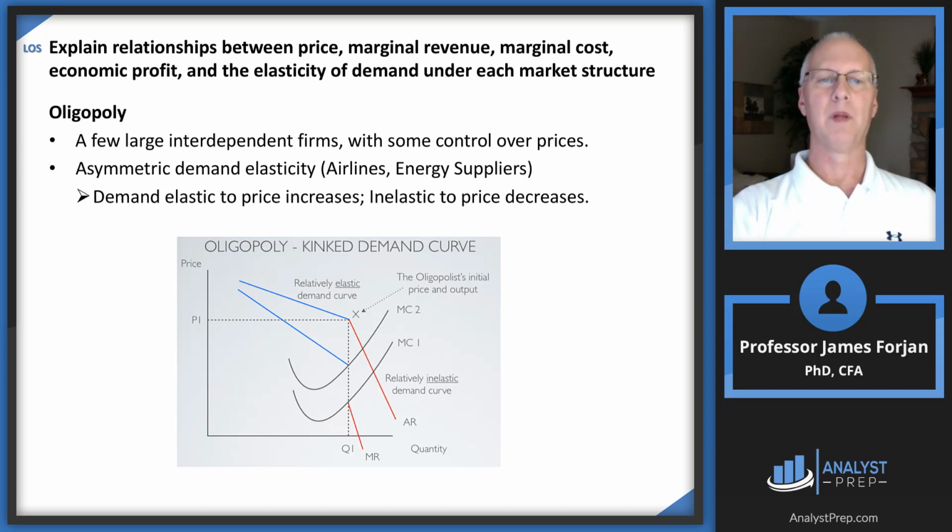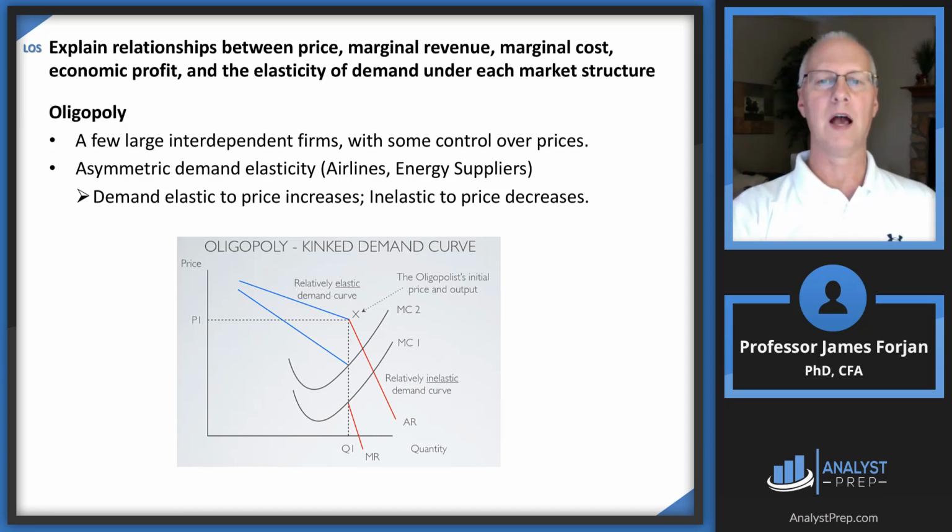Now, the oligopolist, this is defined as a few large interdependent firms with some control over prices. But the cool thing here is that the elasticity for their product line is asymmetric. And so economists call this a kinked demand curve.